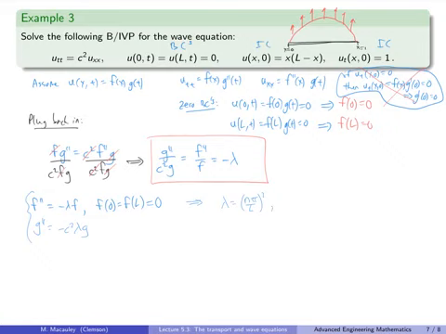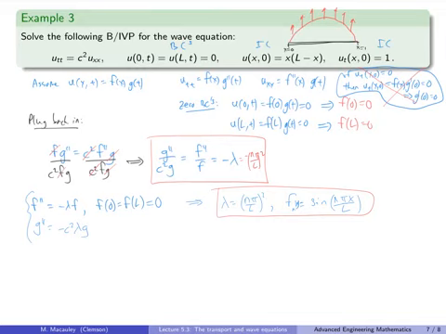We know that F_n equals sine of n pi x over L. So let me box that. So negative lambda here, if you prefer, is negative (n pi over L) quantity squared. Okay, so that's what F_n of x is.